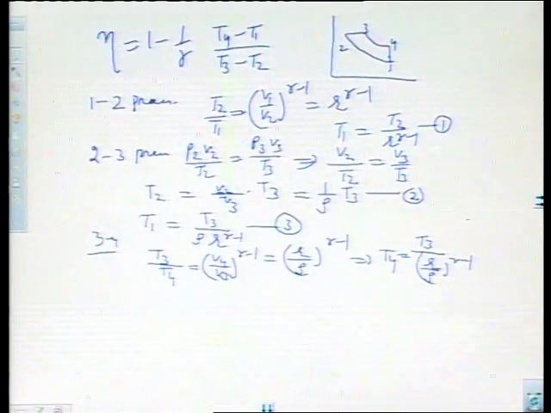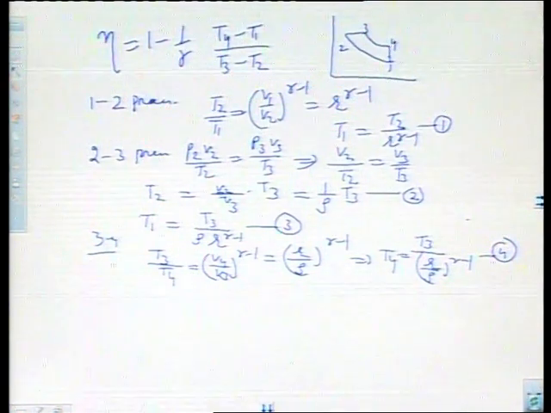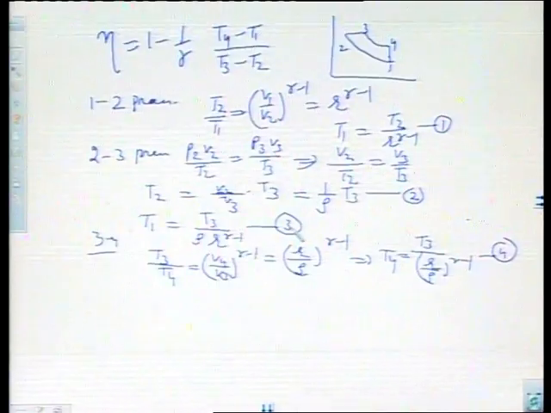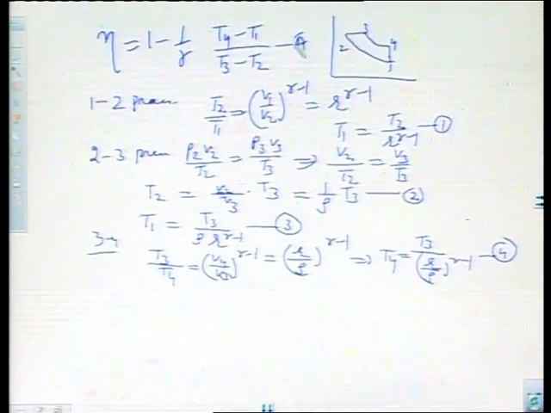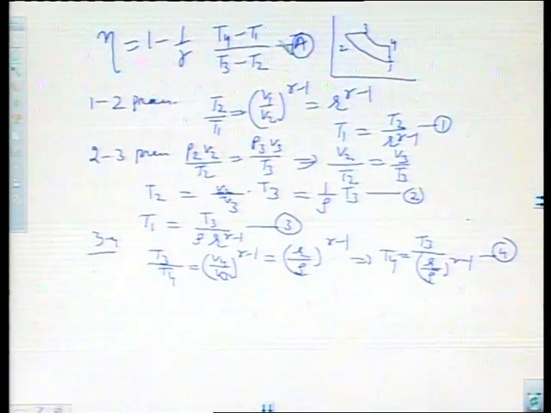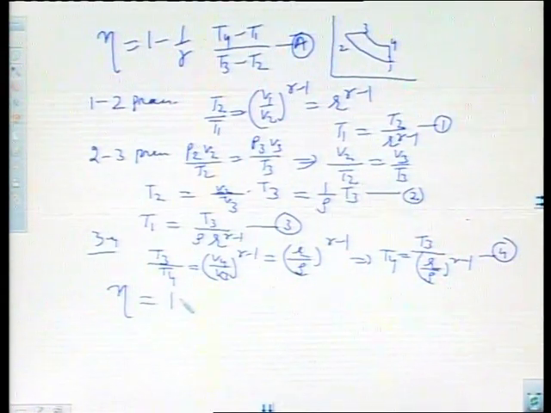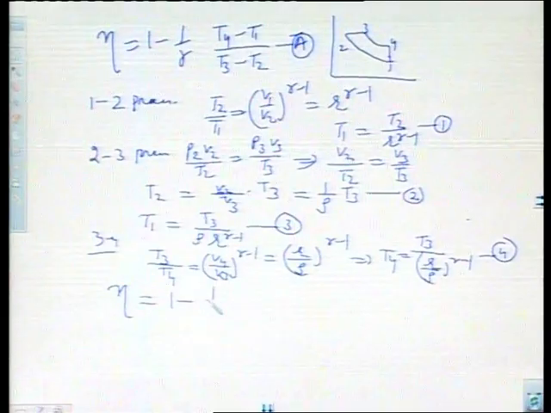This is our fourth relation. Now, put these values, that is T2, T3 and T4, in equation number A. What you get is efficiency equal to 1 minus 1 by gamma.